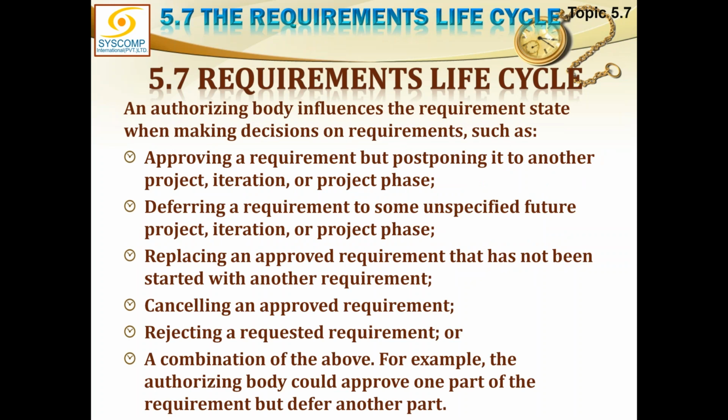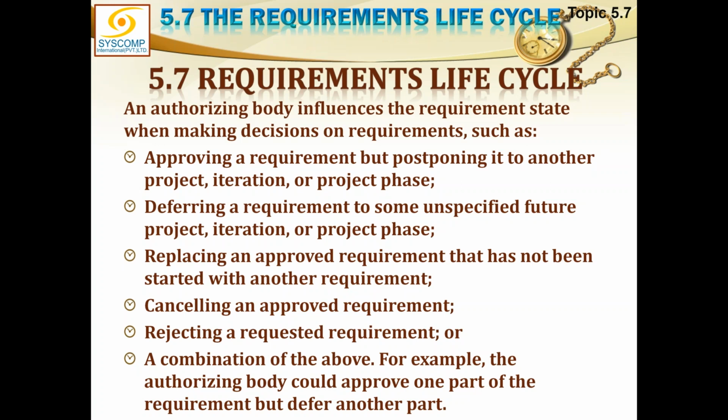An authorizing body influences the requirement state when making decisions on requirements, such as approving a requirement but postponing it to another project iteration or project phase, deferring a requirement to some unspecified future project iteration or project phase, replacing an approved requirement that has not been started with another requirement, canceling an approved requirement, rejecting a requested requirement, or a combination of the above.